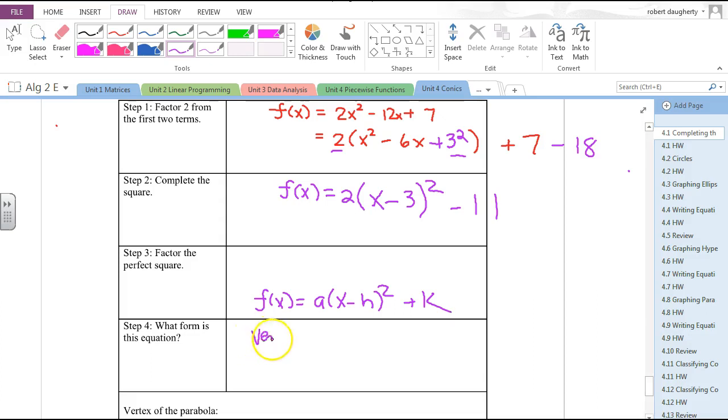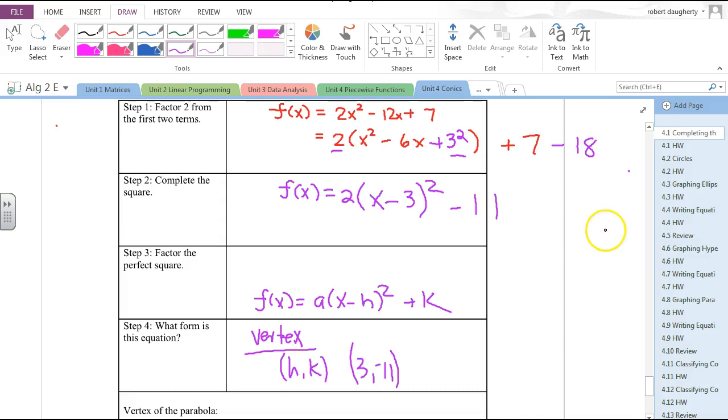So this is a parabola in vertex form, okay? And the vertex is (h, k). So the vertex here is (3, -11). Okay, so by completing the square, I took something from standard form and it went to vertex form.